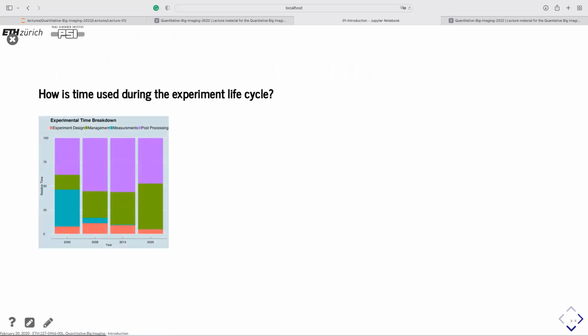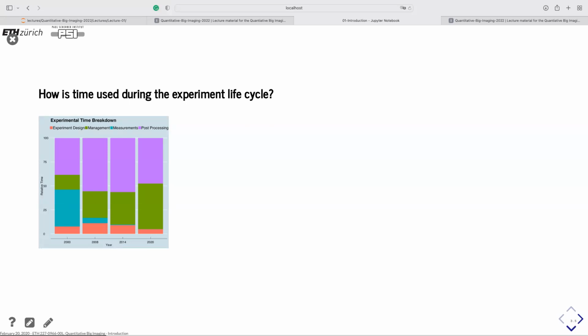And looking over the years, sorry for the very small text. In 2000, the experiment was one part. Then you have the experiment planning, then the measurements, which took a long time. We had less good infrastructure for doing the experiments. Then the management, well, it took some time, of course. And then you came to doing the post-processing.